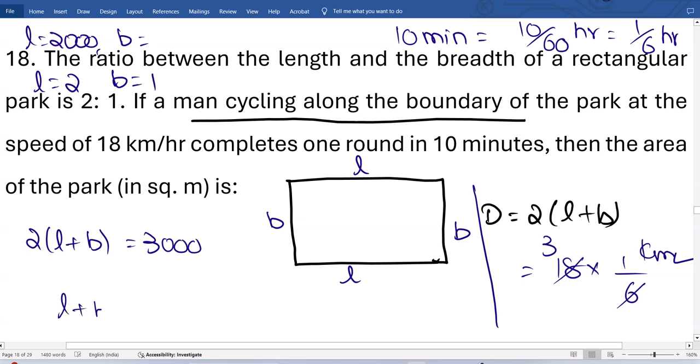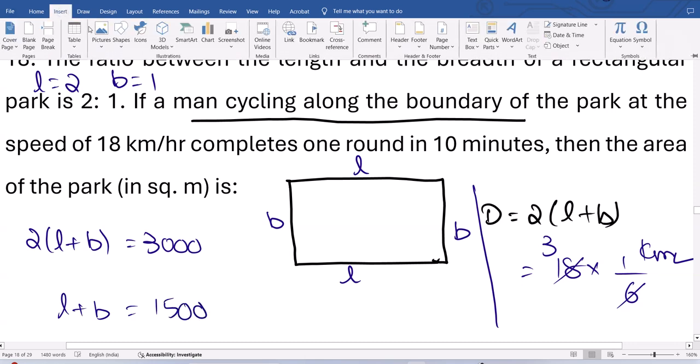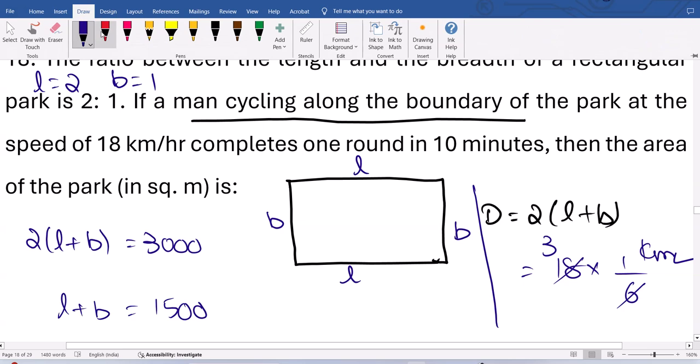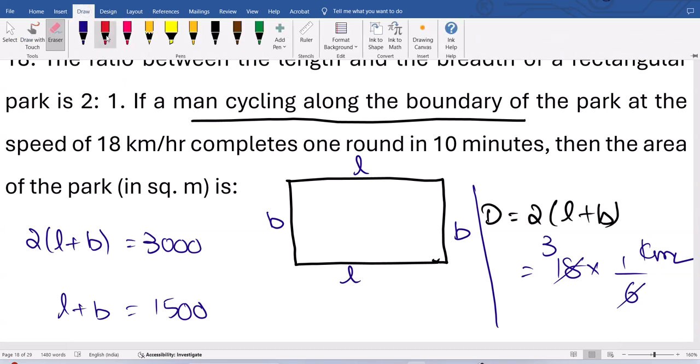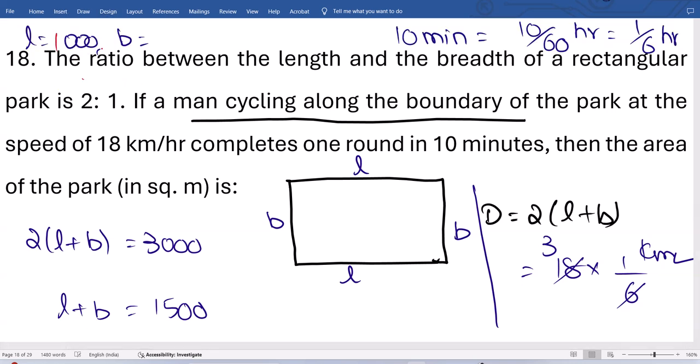L plus B is 1500. Length is double the breadth, which means length is 1000, breadth is 500. You observe L plus B is 1500.